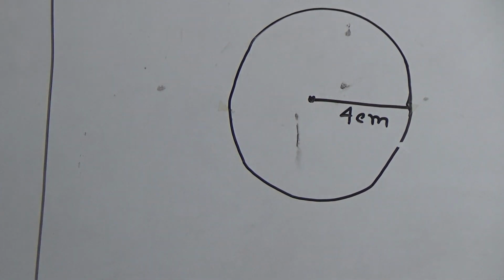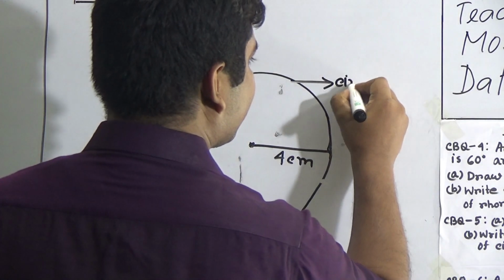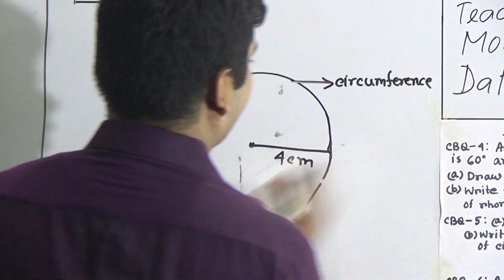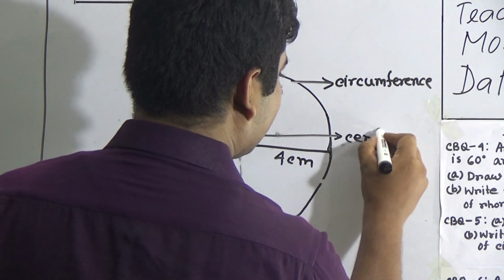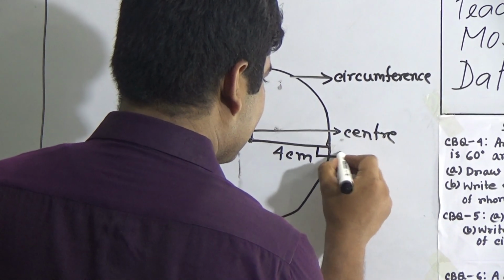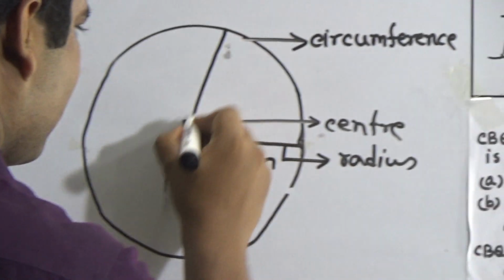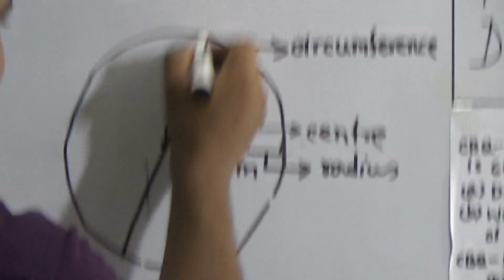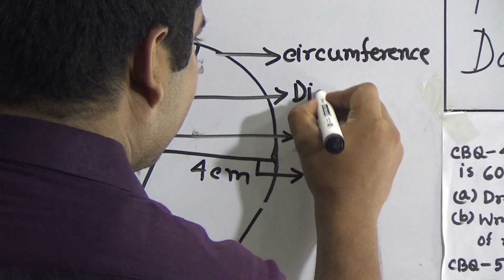Now, my dear student, we shall show its different parts. This is the circumference. This is the center. This is the radius. This largest line which passes through the center is called the diameter.